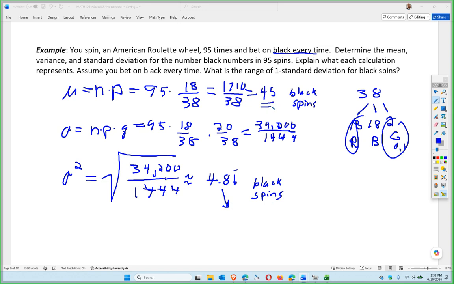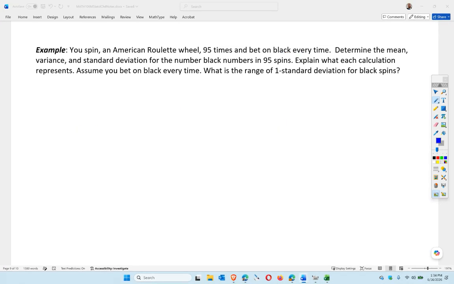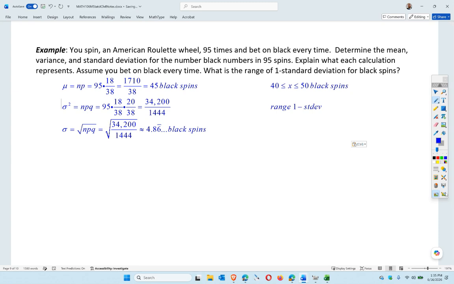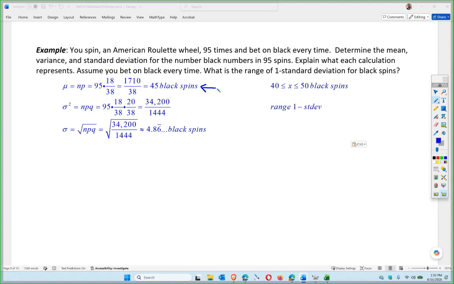So I should expect one deviation for this game to be between 40 and 50 black spins, essentially, right? So at the end of the day, we should expect 45 black spins if I play 95 times, right? And within one deviation is where typically most of the outcomes should fall. So again, I'm rounding the deviation to get that answer.